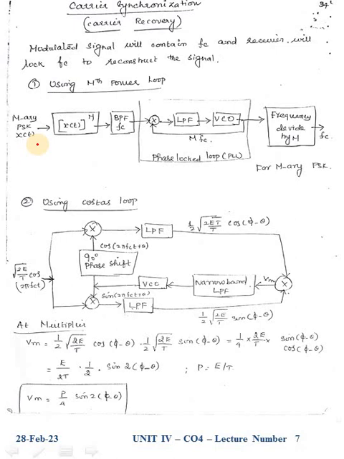For carrier synchronization or carrier recovery, the phase shift keying method is considered because here we are modifying the carrier phase with respect to the input signals. After the power level converter, we have one important filter called a band pass filter. This band pass filter allows only the required carrier frequency Fc.